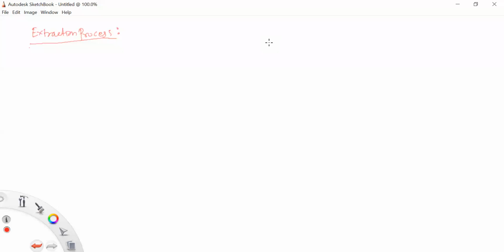In the extraction process, a substance is removed from a solution by dissolving and shaking it with another of two immiscible solvents, like benzene and water, or phenol and water, or phenol and benzene. These two solvents are immiscible with each other, and when we put the solute into the mixture of immiscible solvents, the solute can be distributed into these two different solvents, right?